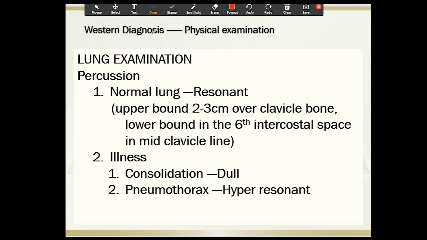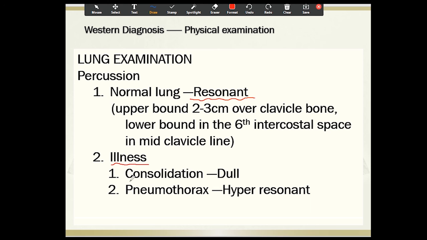And what kind of situation can change the lung sound? We say normally the lung sound will be resonant. But when people get sick, the sound will change. The change has 2 possibilities mainly.